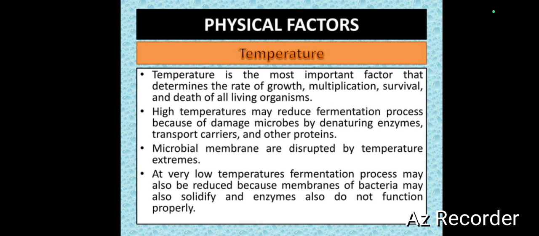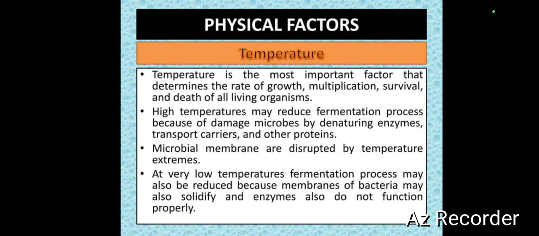Temperature is the most important factor that determines the rate of growth, multiplication, survival and death of all living organisms. High temperature may reduce the fermentation process because it damages microbes by denaturing enzymes, transport carriers and other proteins.